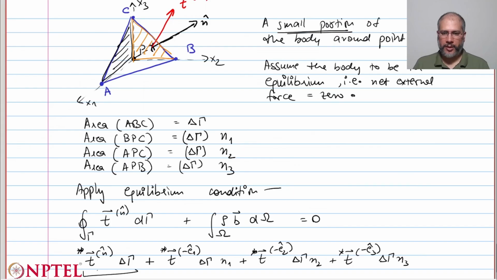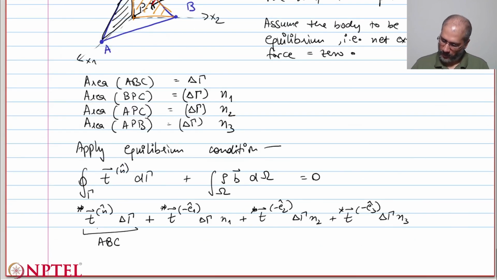And then we have the body force, which again we'll assume is an average over the complete volume. So we write plus the body force vector B with a star on the top left, which basically means it's an average, since we have removed the integral, times rho times delta omega, that's equal to 0.